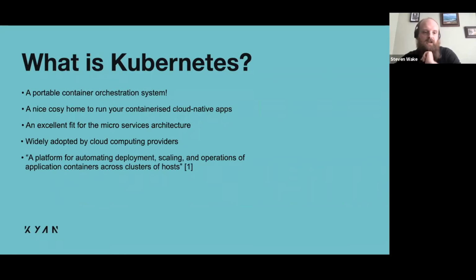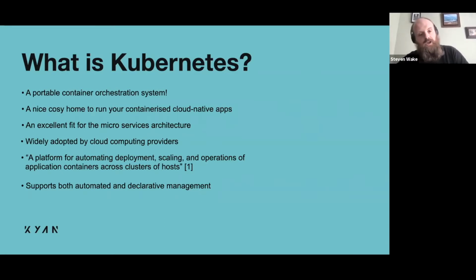Kubernetes actually describes itself as a platform for automating deployment, scaling, and operations of application containers across clusters of hosts. And I'll get more into that later. It supports both automated and declarative management. So that allows you to adjust things on the fly, or allows you to execute config files, which then get persisted, and Kubernetes reconciles itself and brings it up to the desired state, which is really cool.